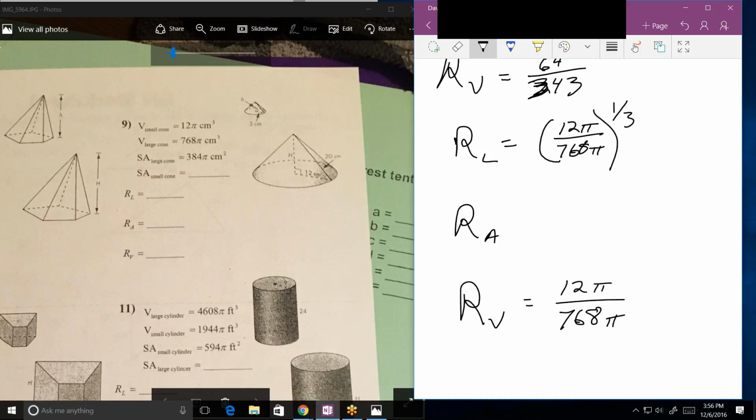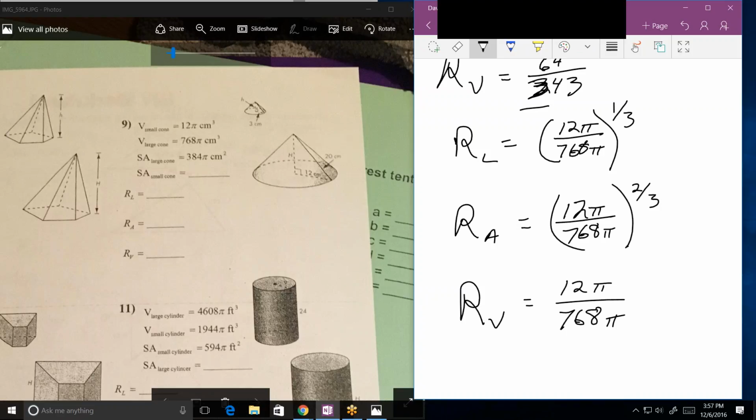And what's the area ratio going to be? I might not know this, so let me write it. It's going to be the linear ratio squared, right? In other words, I'm taking this and squaring it.